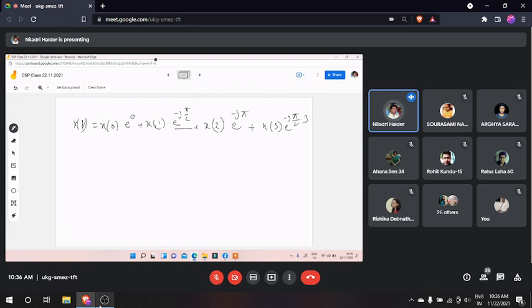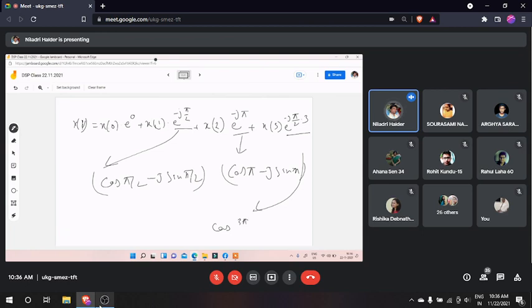So replace all the values, minus j pi by 2, minus j pi by 2 into 3, and you will get your result. I think you know how to calculate that. e to the power minus j pi by 2 is cos pi by 2 minus j sin pi by 2. This will be cos pi minus j sin pi, and this will be cos 3 pi by 2 minus j sin 3 pi by 2.